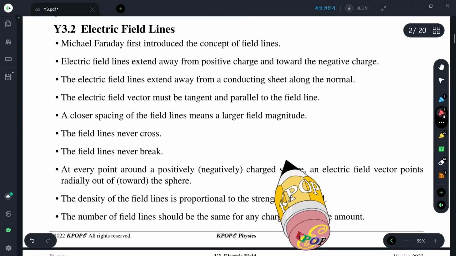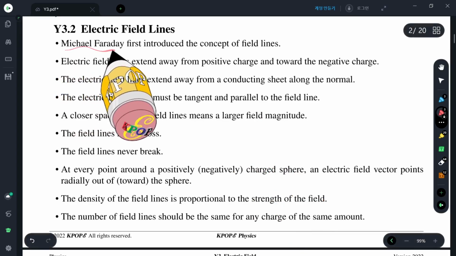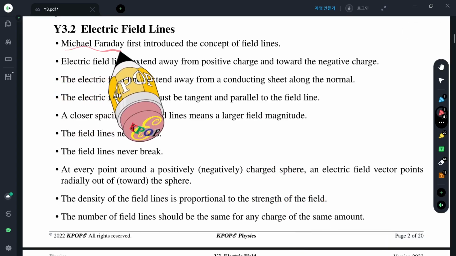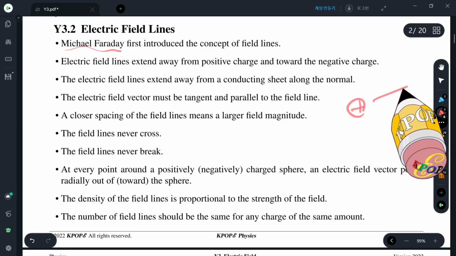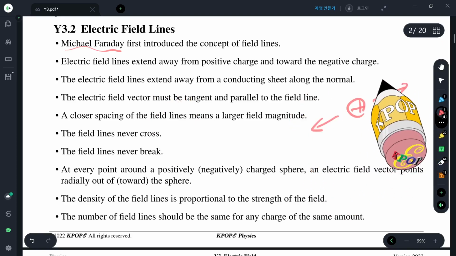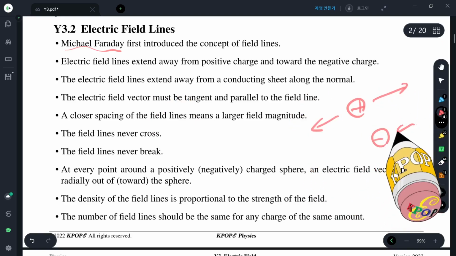Electric field lines. Michael Faraday introduced the field lines, especially for the magnetic field lines. Electric field lines extend away from positive charge and toward the negative charge.